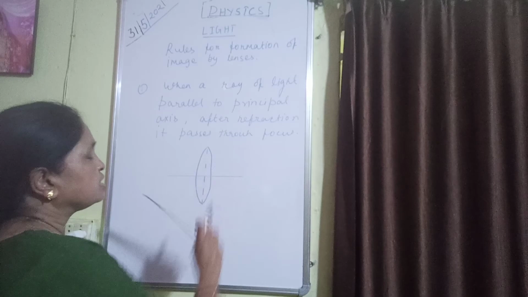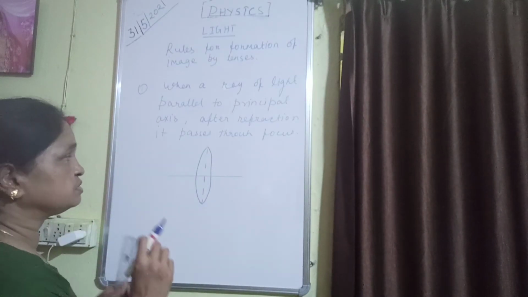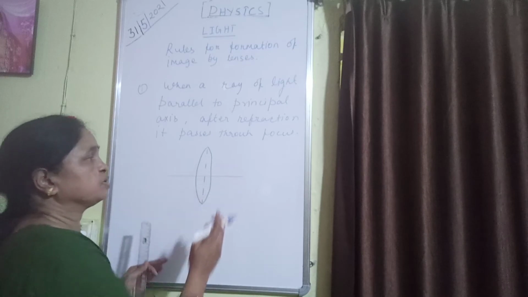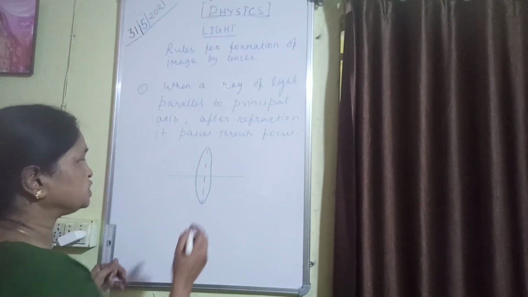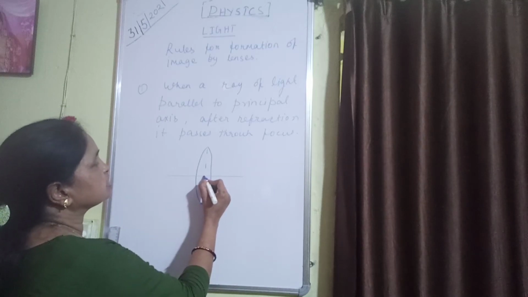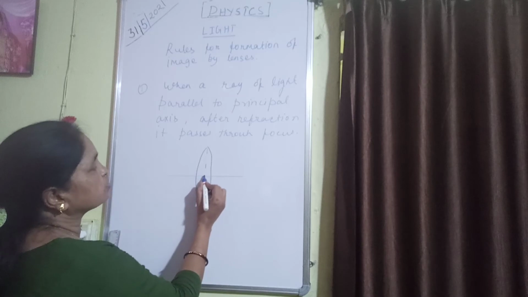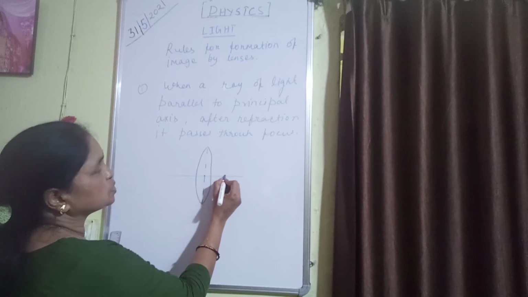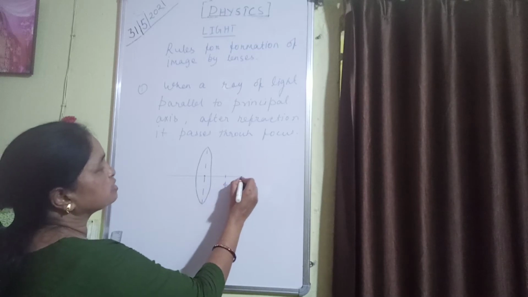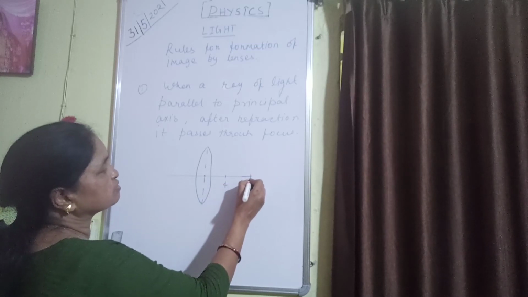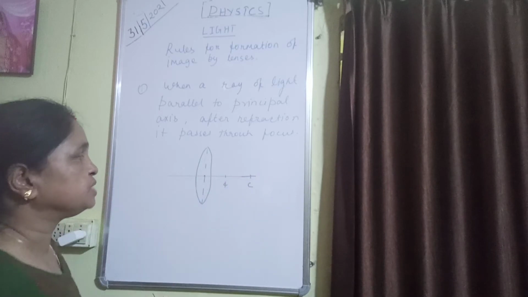Now, same as in the mirror, whatever distance from the center is the focus, the same distance from focus to center of curvature. So this is the center point. Whatever distance you take from the center to any point, suppose 2 centimeters, this is the focus. Then from focus to center of curvature, it will be the same distance.